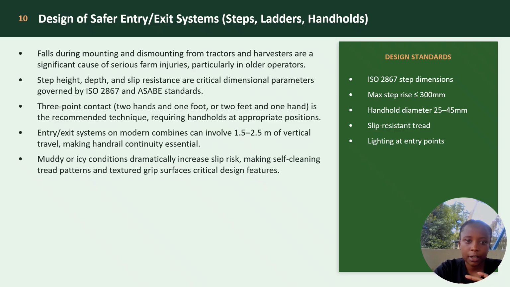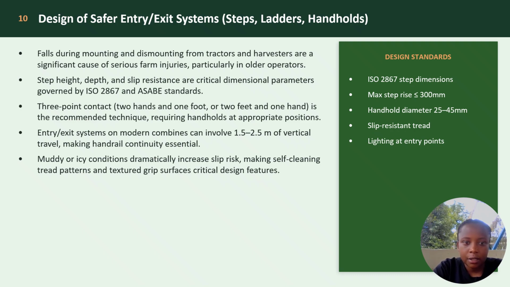Second one, step height, depth, and slip resistance are critical dimension parameters governed by International Standards ISO 2867 and ASABE standard. Three-point contact, two hands and one foot or two feet and one hand, is the recommended technique, requiring handholds at appropriate positions.